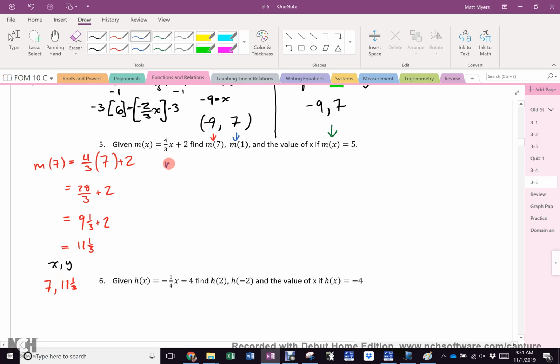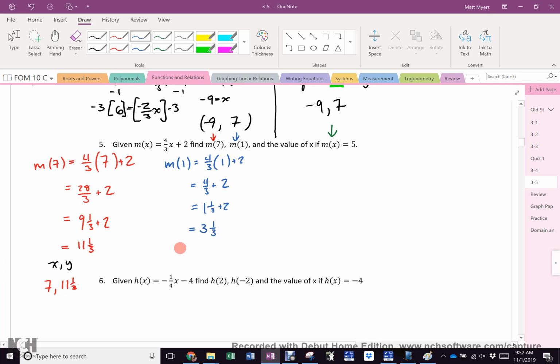What are we doing for blue? What does x become? 1. So what do I write? 4/3 times 1 plus 2, which is 4/3 plus 2, which is 1 1/3 plus 2, which is 3 1/3.